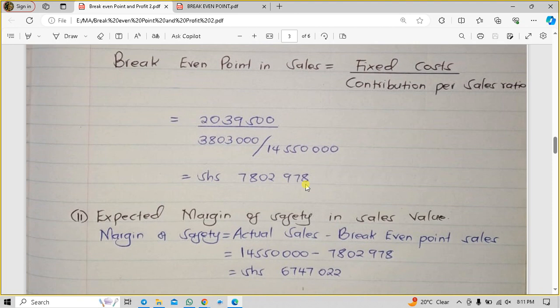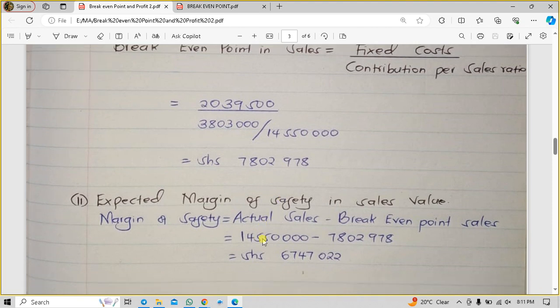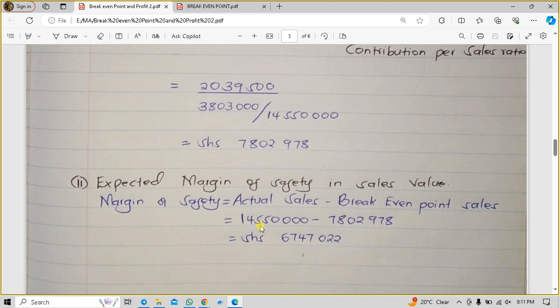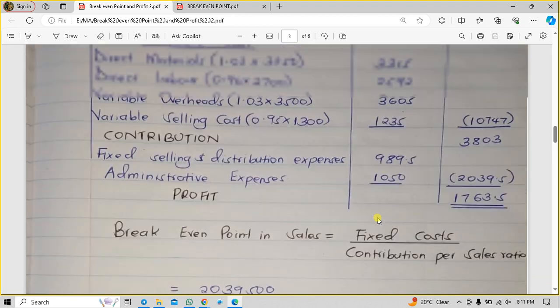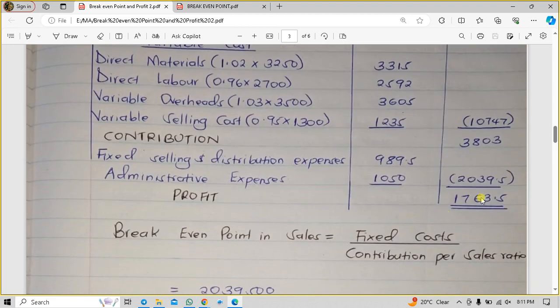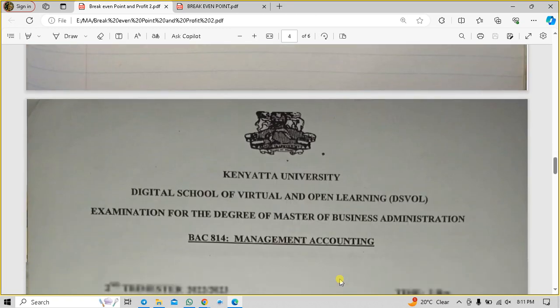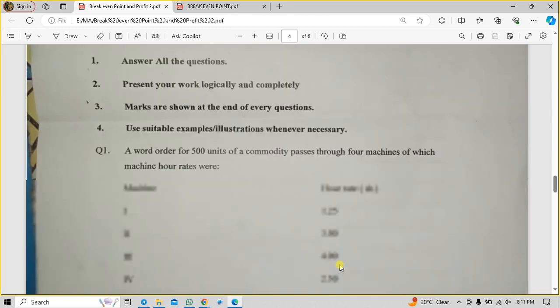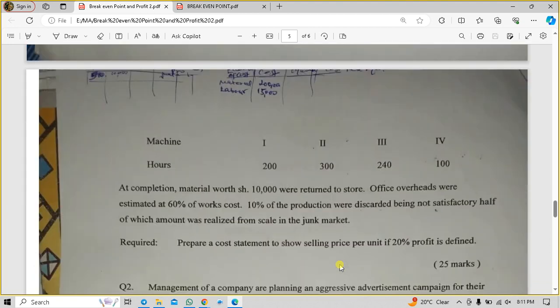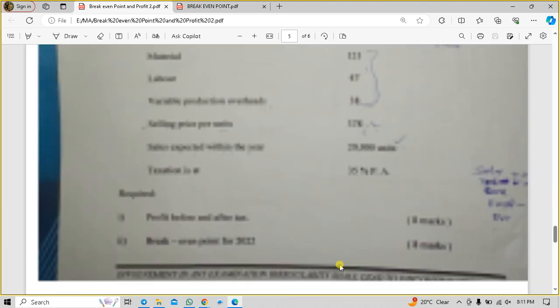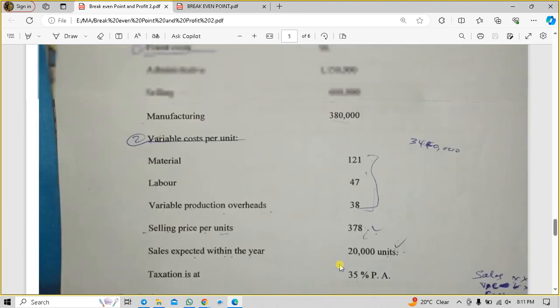So there is this aspect. I won't go much on margin of safety, but for margin of safety, you just take the actual sales minus break-even point. Fixed cost is 2039.5. So there is a past paper question, an MA past paper question that I want us to look at.